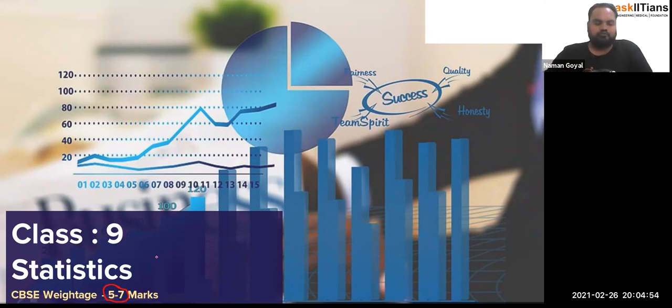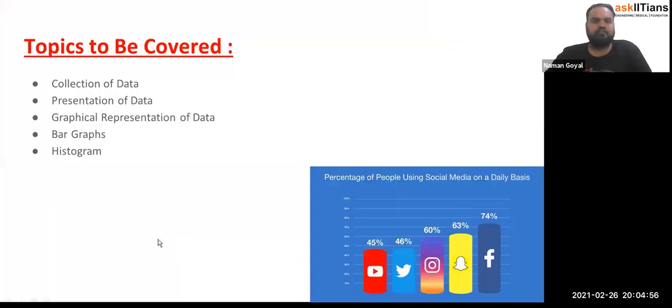In this chapter there are some topics we are going to cover, which is collection of data. We are going to learn what is collection of data, and presentation of data, how we present the data we collect. Now what we do with that collected data, we have to present that data.